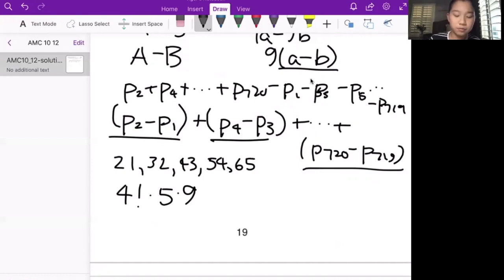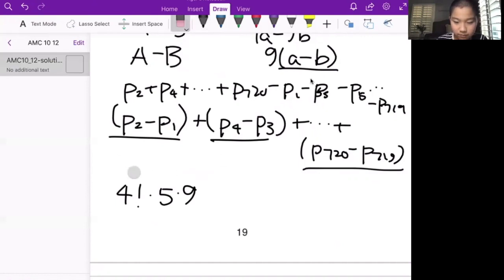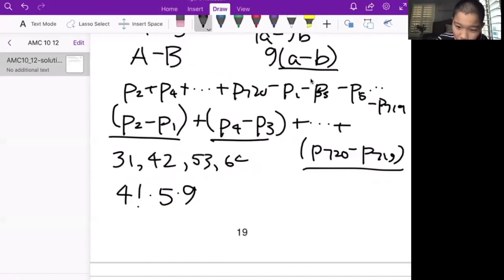After that, let's try the case for 2's. For the case for 2's, there are 3, 1, 4, 2, 5, 3, and 6, 4. So there are 4 of them.